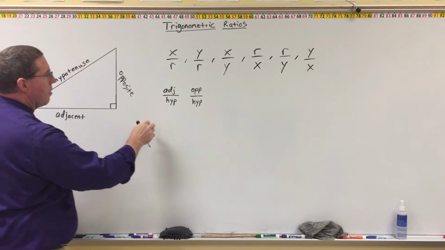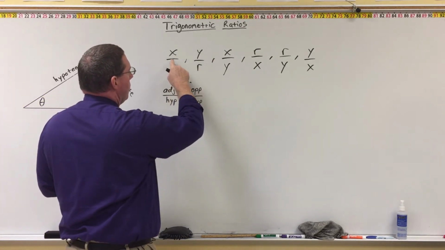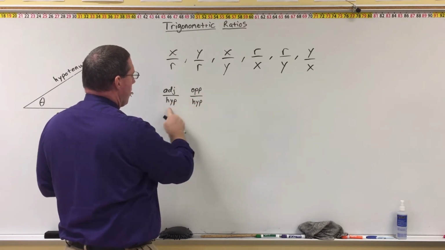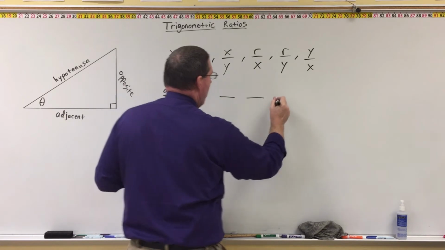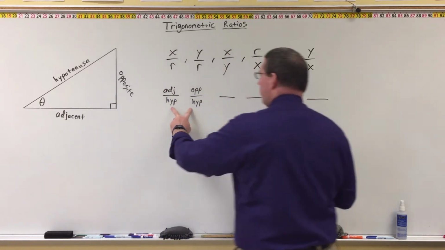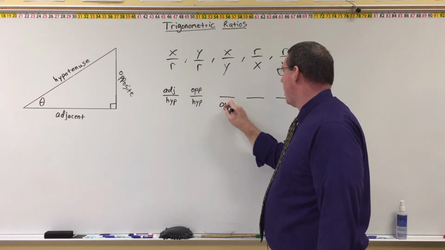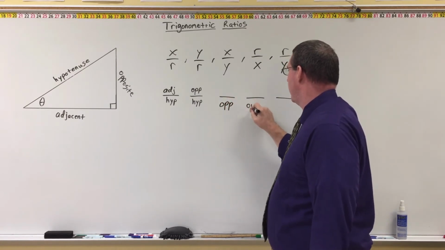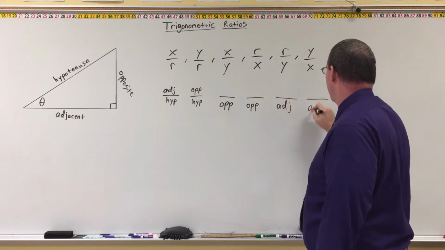Okay, well actually let's do this. Just like both letters were in the numerator, let's do every pair of sides in the denominator. We've already got 2 fractions that have hypotenuse in the denominator. We know we're going to have 2 fractions that have opposite in the denominator, and 2 fractions that have adjacent in the denominator.